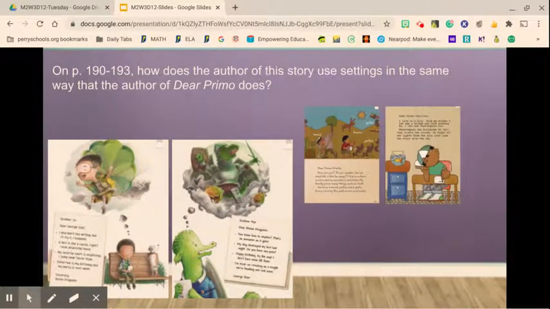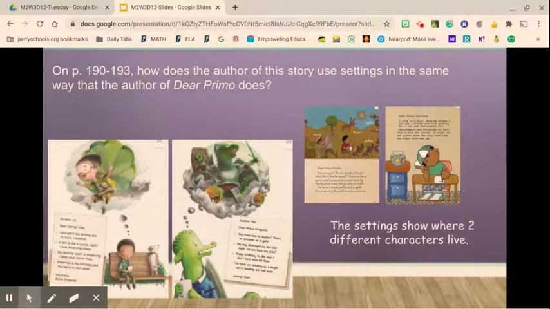On page 193, how does the author of the story use setting in the same way that the author of Dear Primo does? So if you remember in Dear Primo, Charlie and Carlitos are cousins that are writing to each other, and Carlitos lives in the desert while Charlie lives in a city. And so as I was thinking about this, I know that the setting shows where the two different characters live.